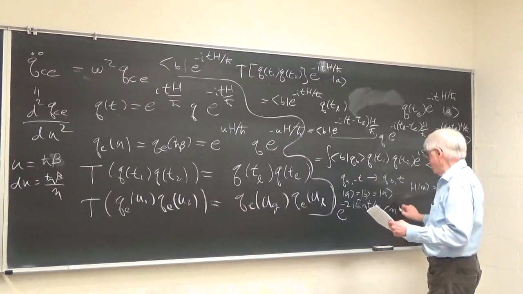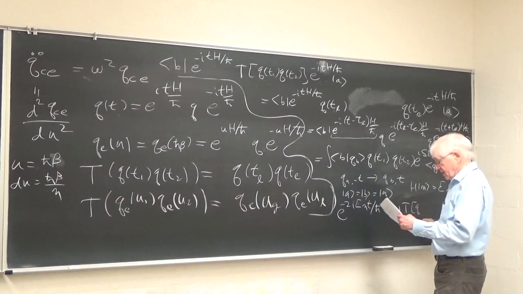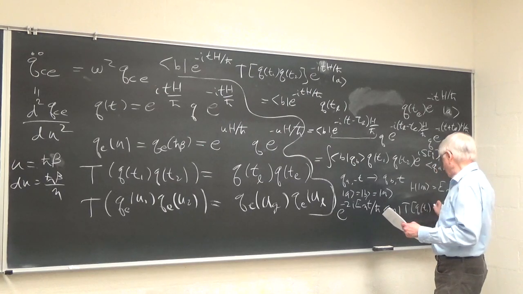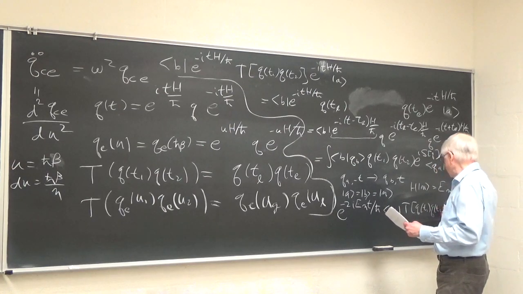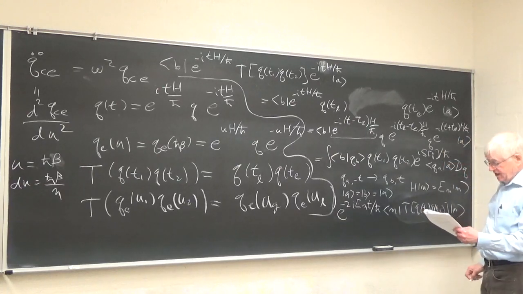And then it's the mean value of the time-ordered product of q of t1 and q of t2 in the energy eigenstate n.